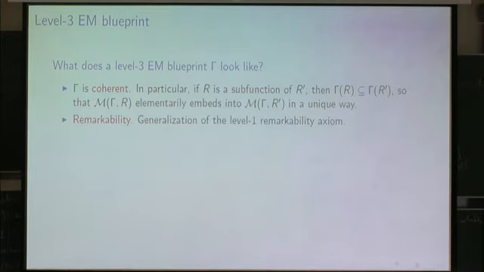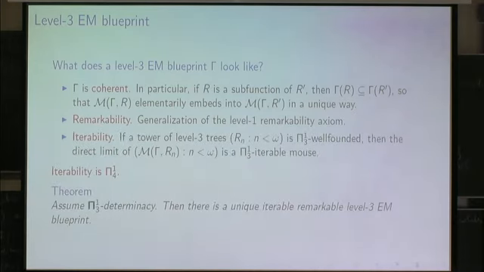It contains the higher level analog of the remarkability property, which is purely syntactical, and finally a Π^1_4 condition on the iterability property, which is the higher level analog of the Π^1_2 property of well-foundedness of level 1 EM blueprints.